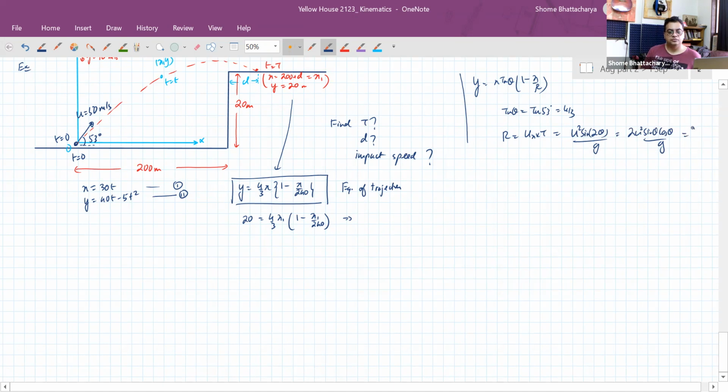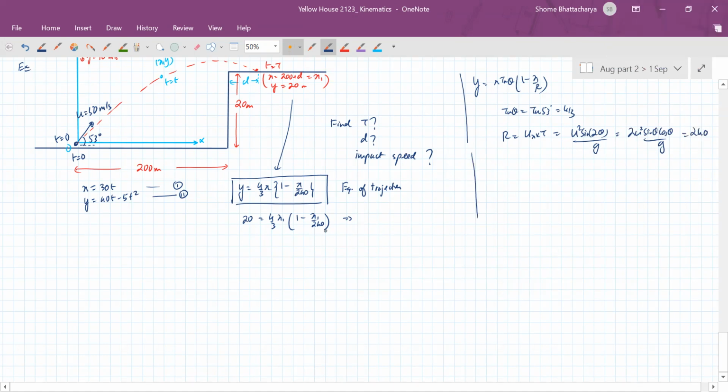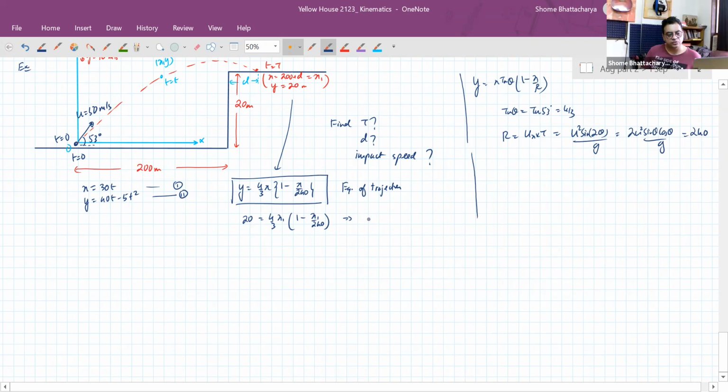So now this equation can be written by transferring the 3 by 4 to this side: 15 is equal to x1 minus x1 square by 240.